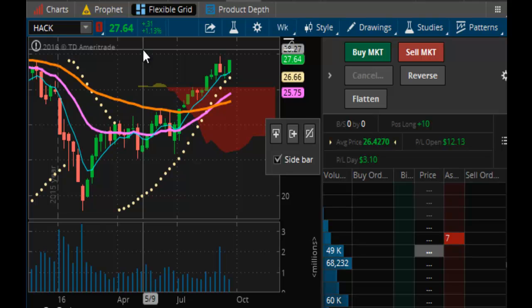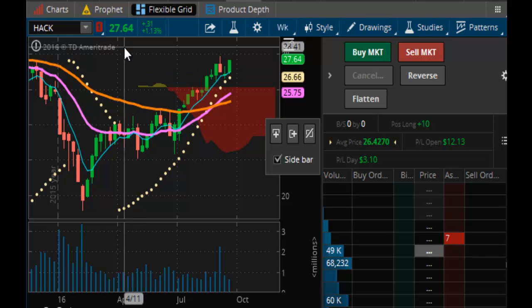Let's move on to our stop orders. A buy stop or a sell stop becomes a market order once your price is hit. So using our same example here, if I were to place a buy stop order right now, buy me at $26 on a stop, I'm telling the computer I want it to buy me once the market trades up to $26, I want to get in the market.